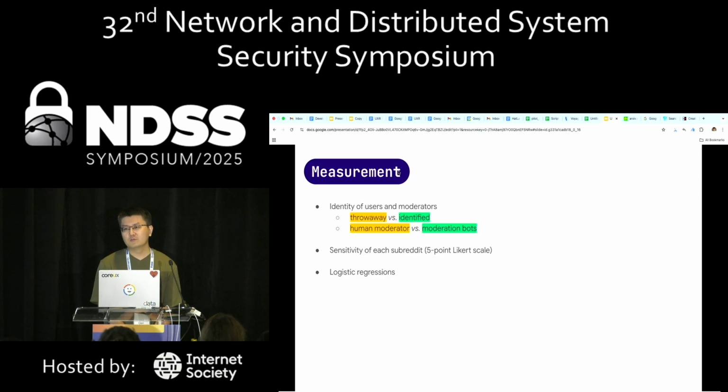We then used human raters to follow up to make sure the classification is accurate. We also utilized the human moderators to rate the sensitivity level of each subreddit on a 5-point Likert scale. The results were generated by logistic regressions.